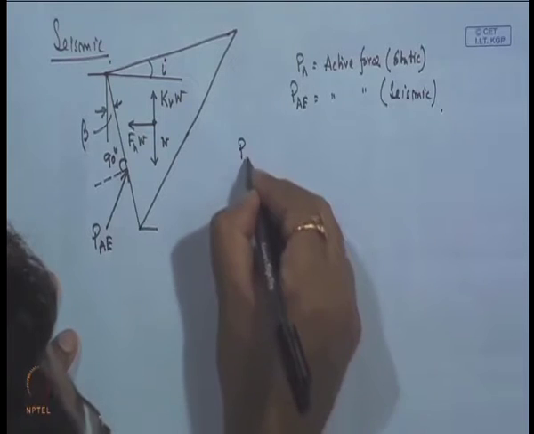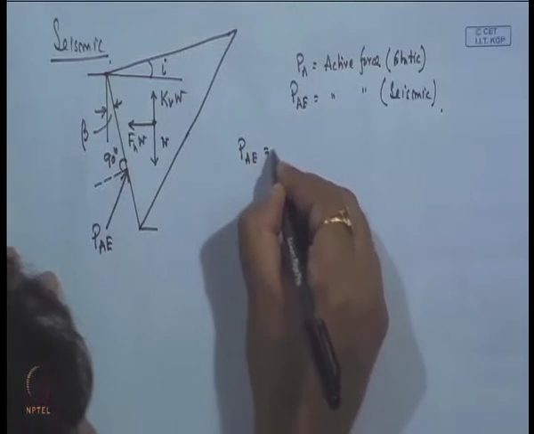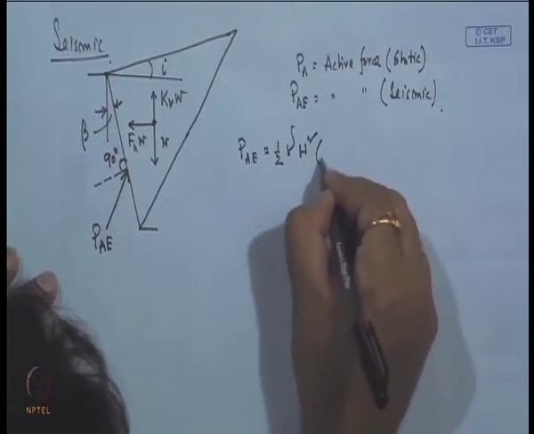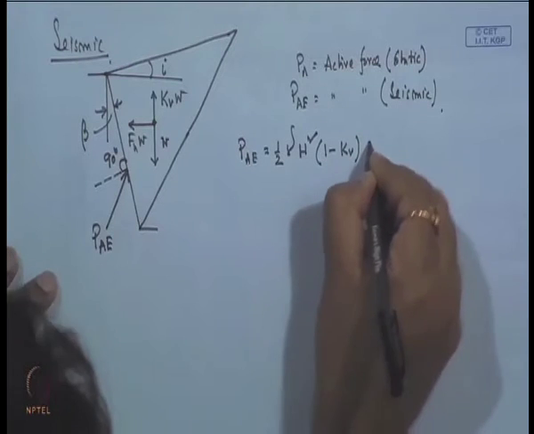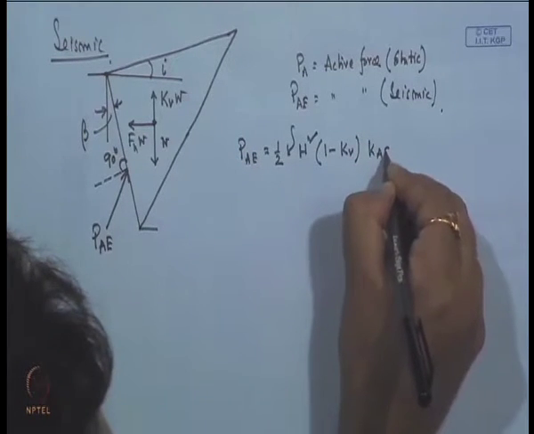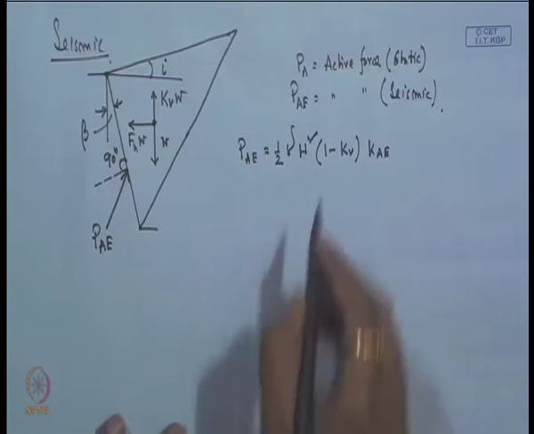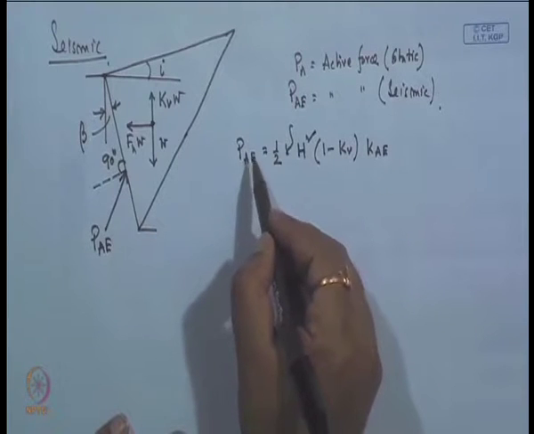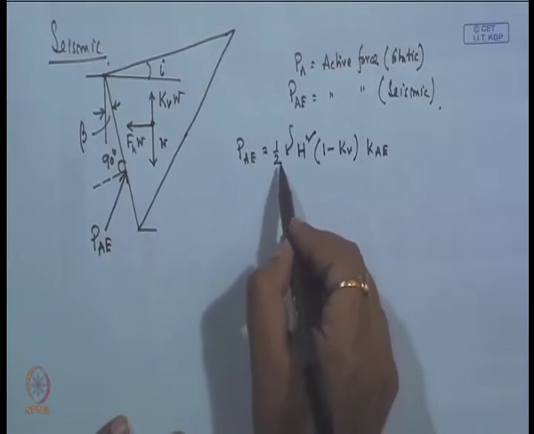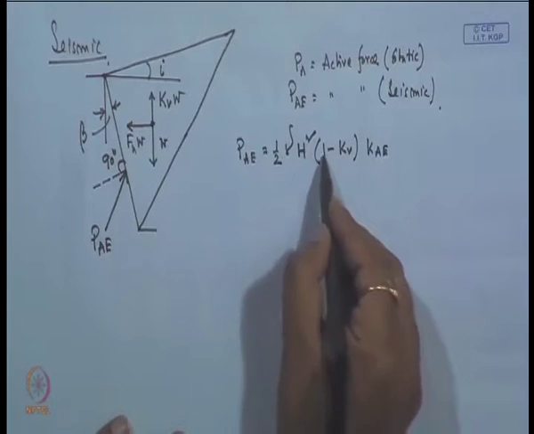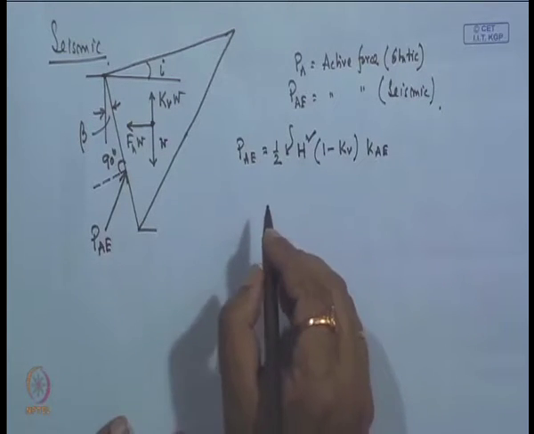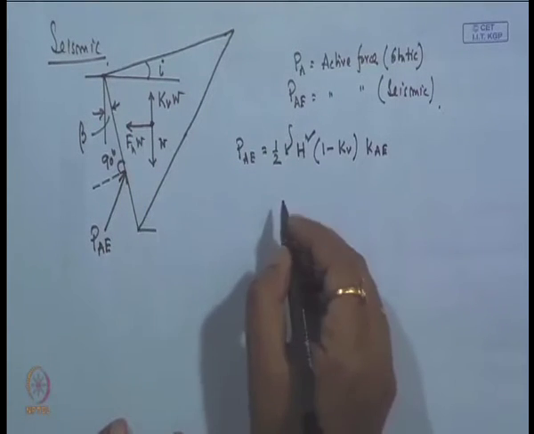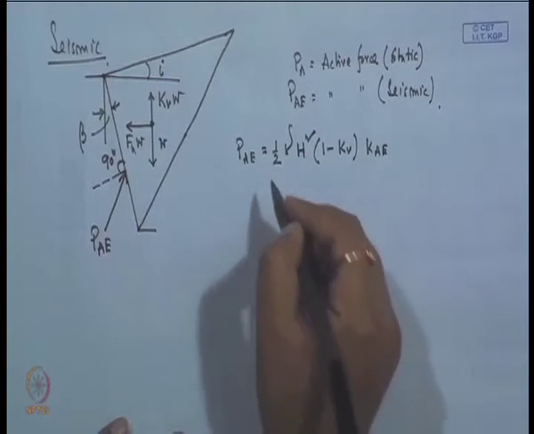Now, PAE will be half into gamma into H square into 1 minus KV into KAE. The derivation is not presented here; the final expression is given. The active force under seismic condition is half gamma H square, 1 minus KV, into KAE. KV and KH are the coefficients of pseudostatic acceleration.